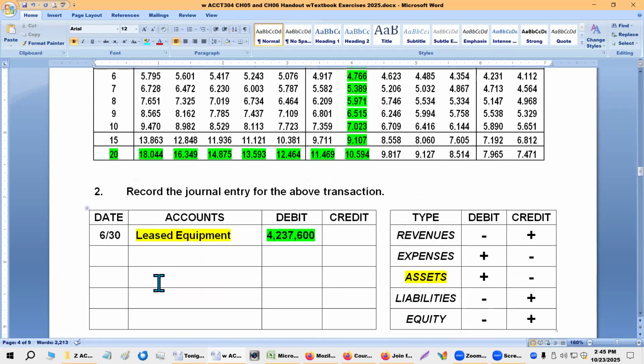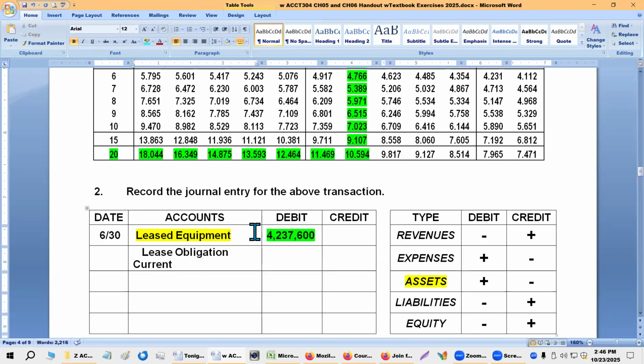All right, so coming down here. Lease obligation current, 400,000. And lease obligation non-current.